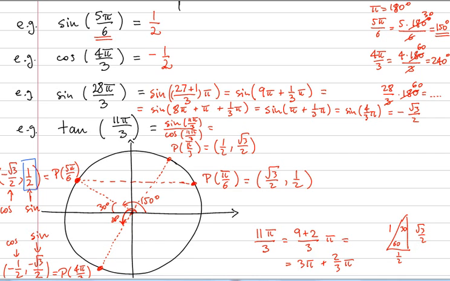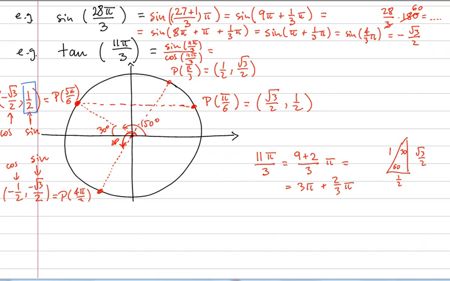Then I'm going to have that tan of 11 pi over 3 is equal to tan of 3 pi plus 2/3 pi, but tan has period of pi instead of 2 pi, like for sine and cos.